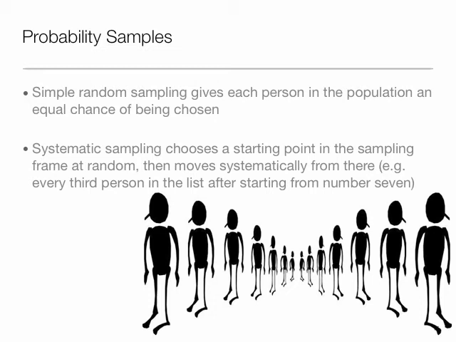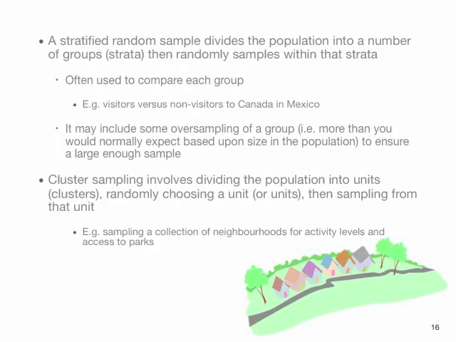You still know essentially how to get to every person in that population, but for example, you may start off with the seventh person on the list, and you choose every third person after that number 7. So you use your system of choosing every third person to decide who you're going to talk to.